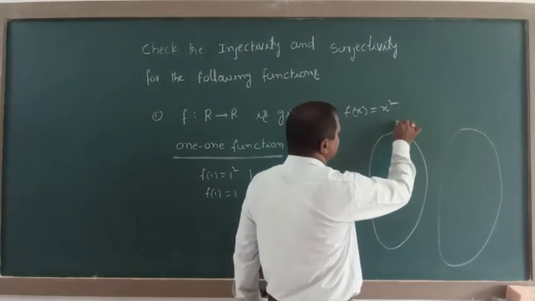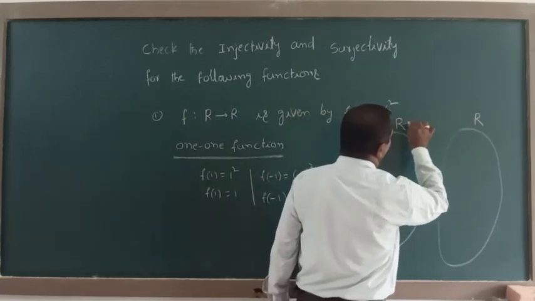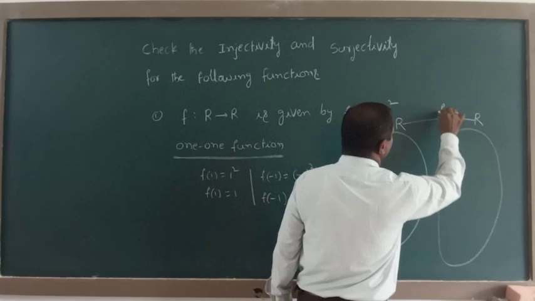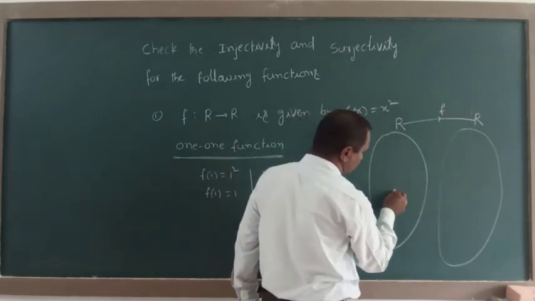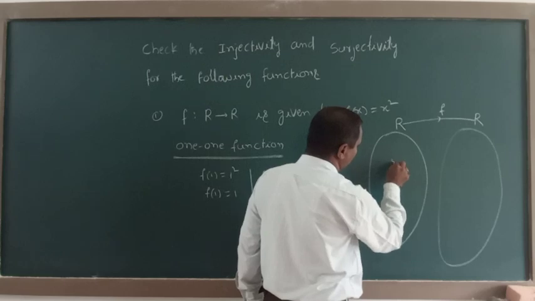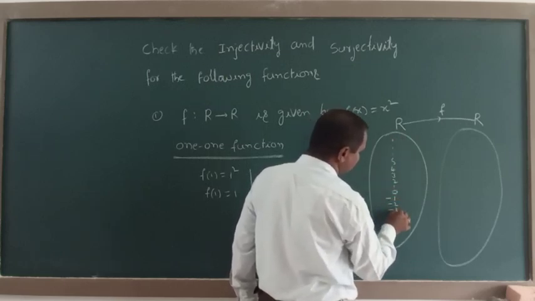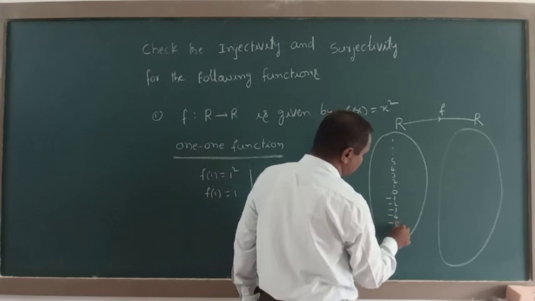Here capital R is the set of all real numbers, here also the set of all real numbers. R to R is map f. In the domain take 0, 1, 2, 3, 4, 5 and so on, and down minus 1, minus 2, minus 3, minus 4, minus 5 and so on.